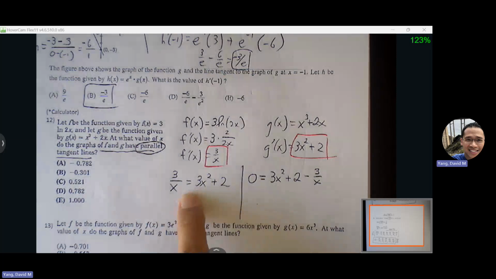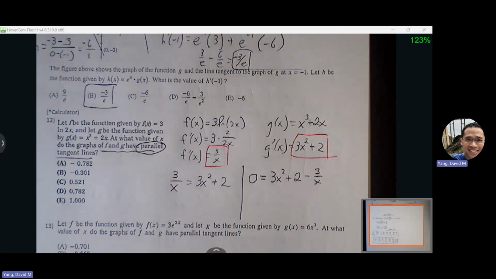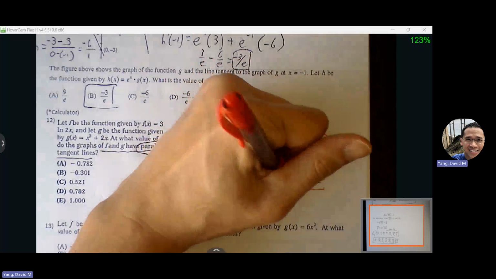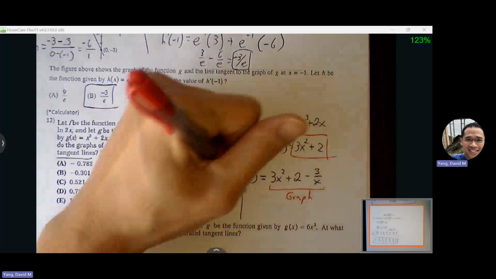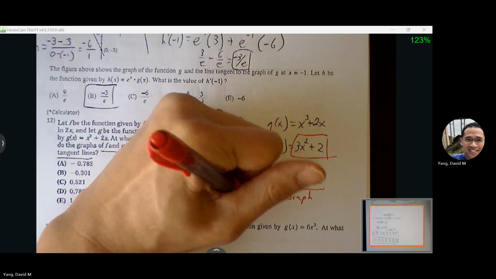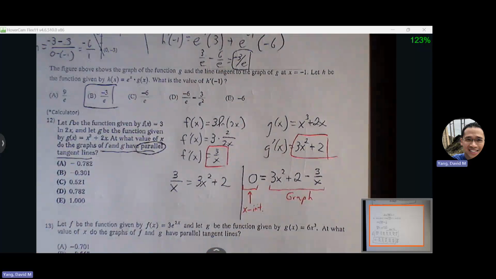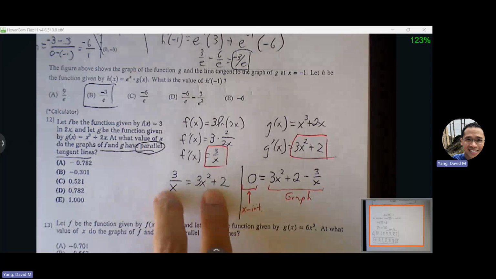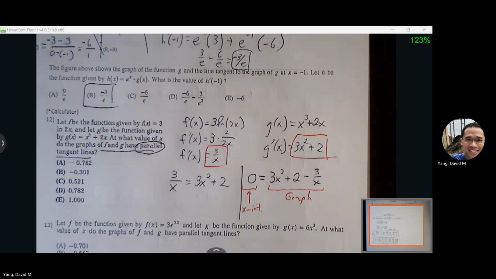I find it a little bit cleaner to bring everything over to one side, and then just graph and look along the x-intercept. It's easier to know where to look rather than searching all over the different quadrants to see where your graphs intersect. So that's my strategy there.